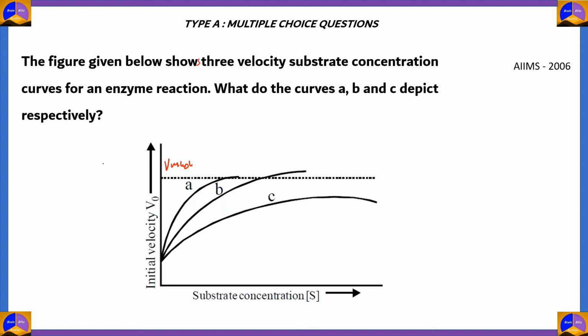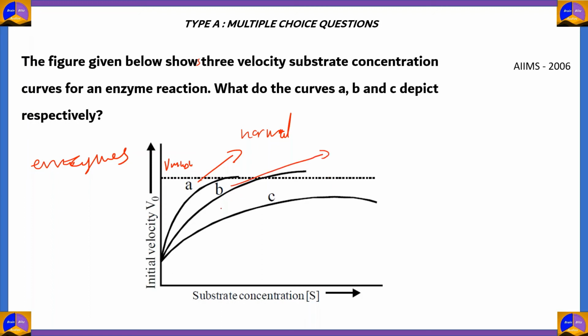Therefore, this is a graph of the functioning of enzymes. The first graph, that is A, will always be normal. So this is normal enzyme function. Now, if you look at the second one, B, you see that it's extended towards the right.